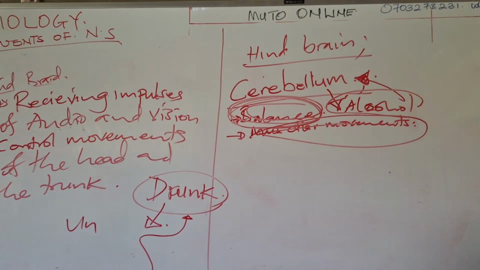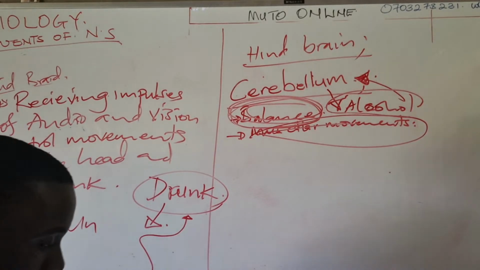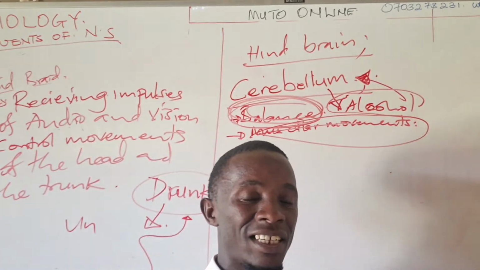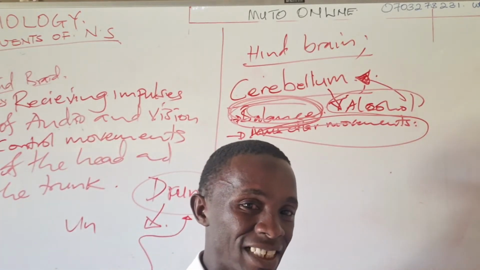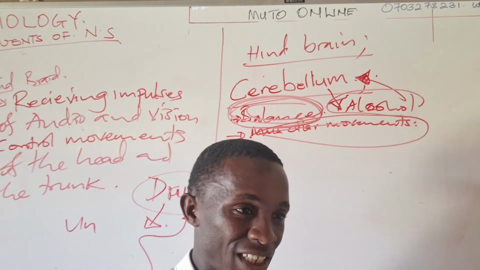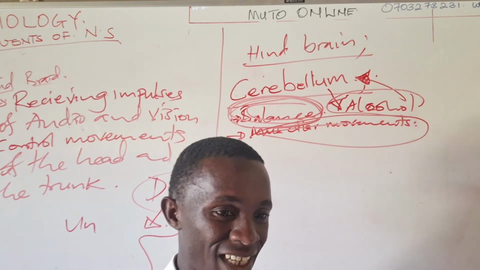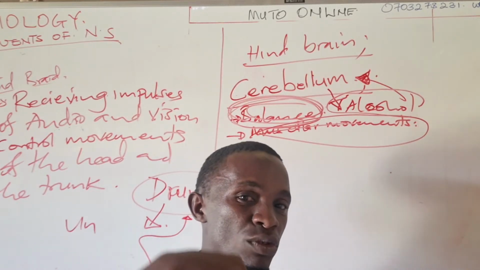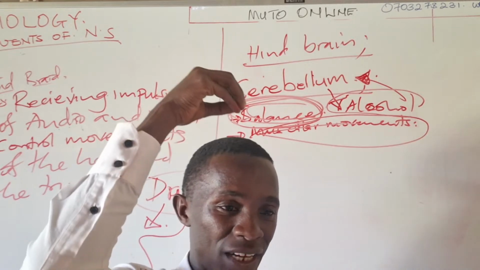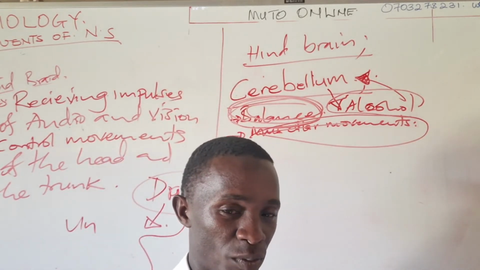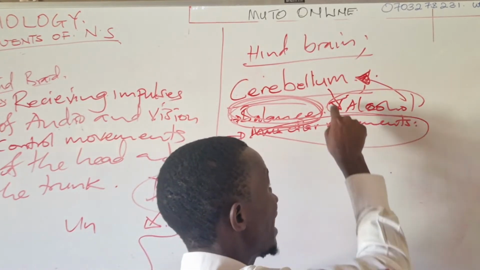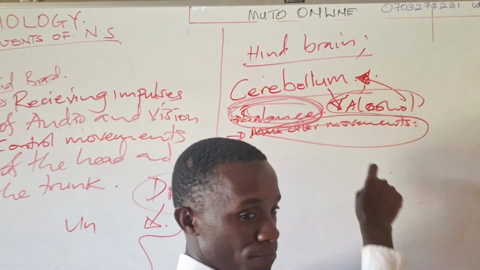The function of the ear, when we look at the details of the ear, we are going to look at the sensory organs. The function of the ears is to sense movements and generate impulses that are transmitted to the brain by the auditory nerves responsible for balance. Those impulses are taken to the cerebellum.